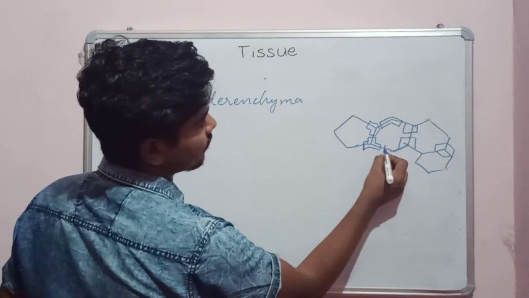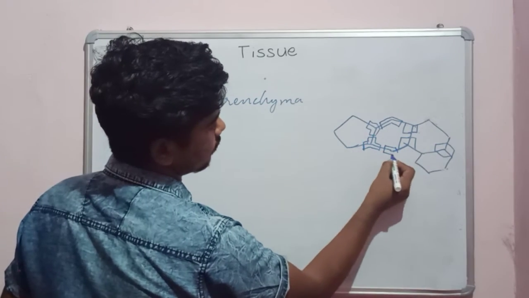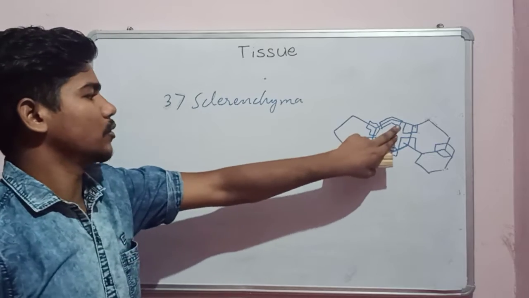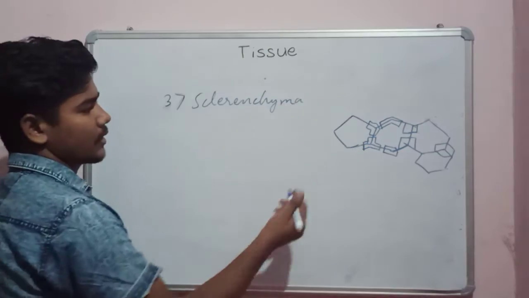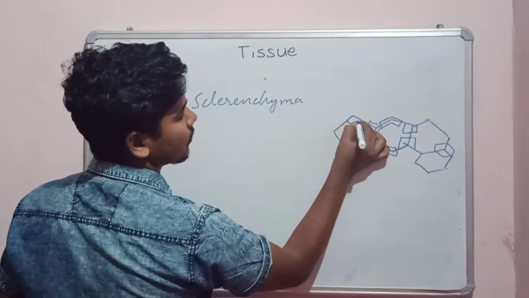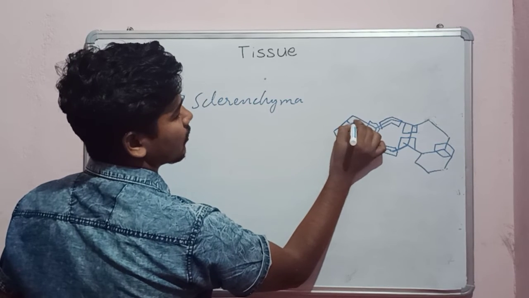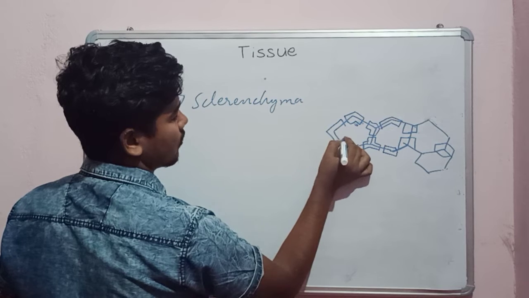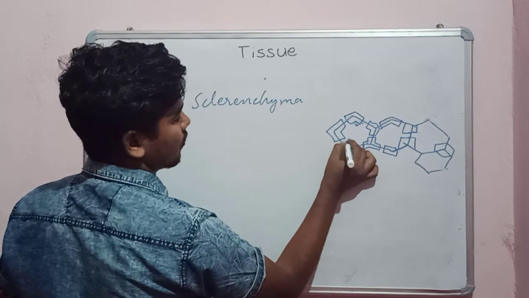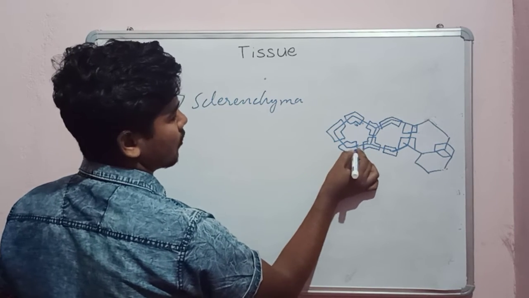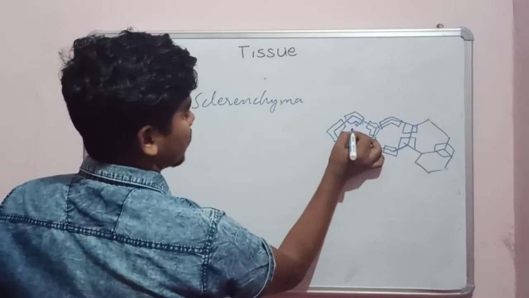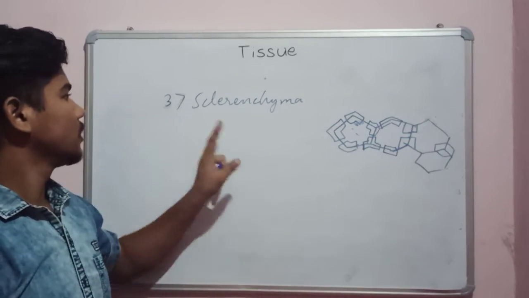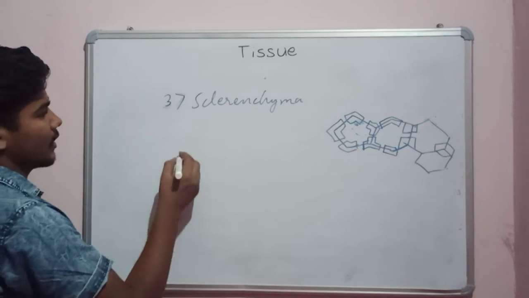There is deposition of lignin, due to which it looks like this. Let us draw the diagram with more thickenings. Here is thickening.